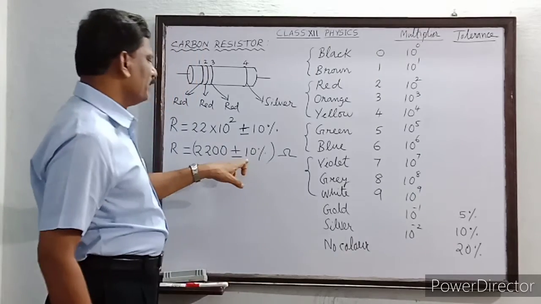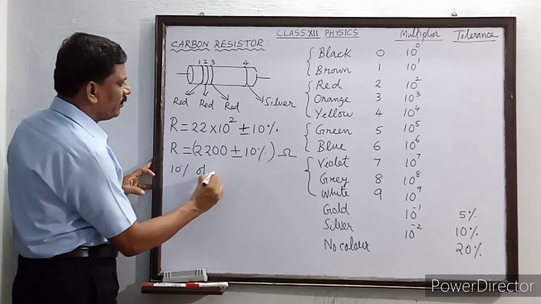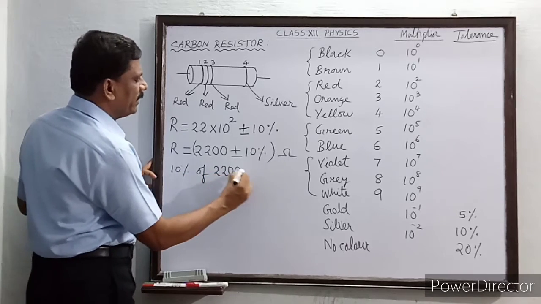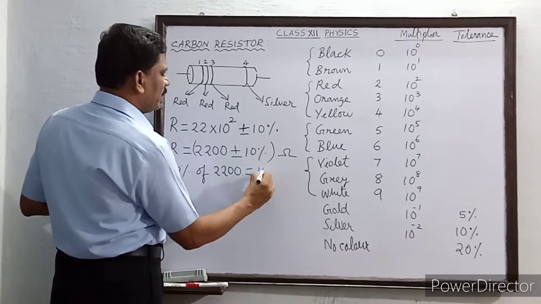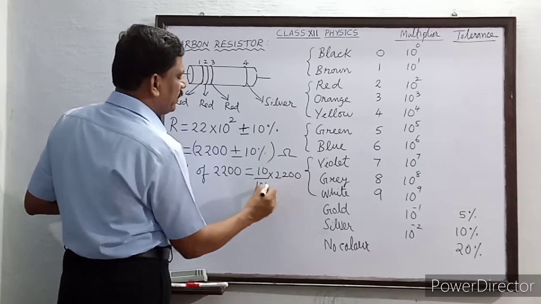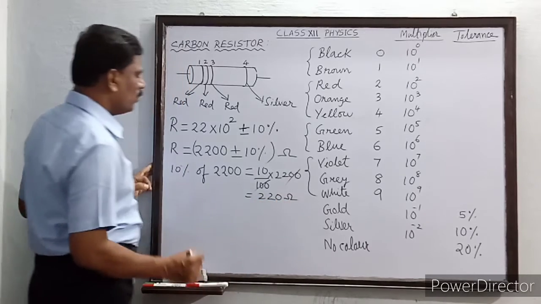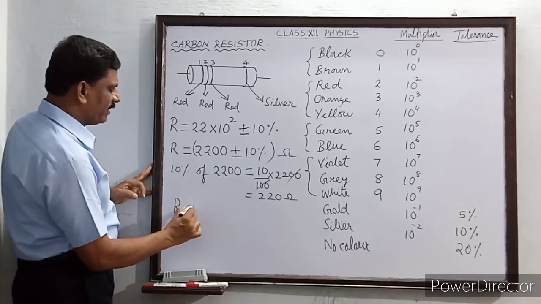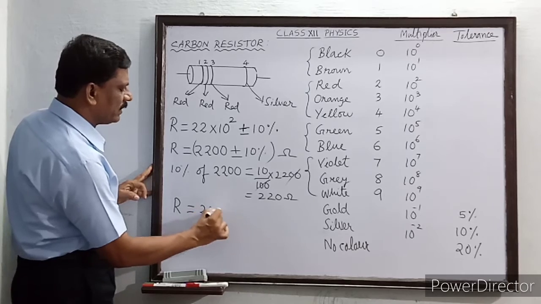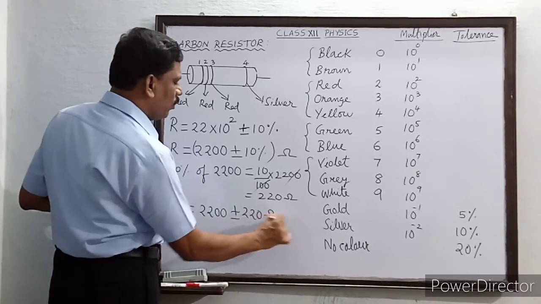So what is 10% of 2200 equal to? 10 by 100 into 2200. Is it not? So this is equal to how much? 220 ohm. So the actual value of resistance must be equal to 2200 plus or minus 220 ohm.